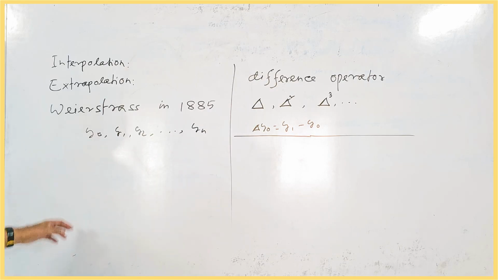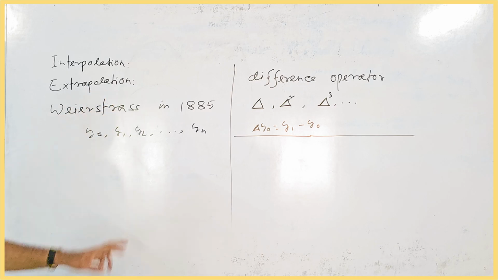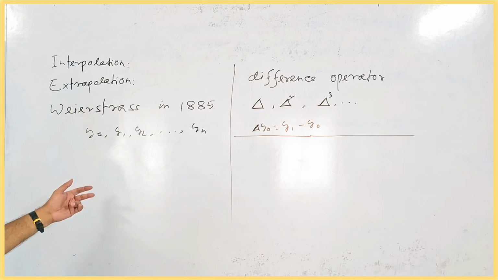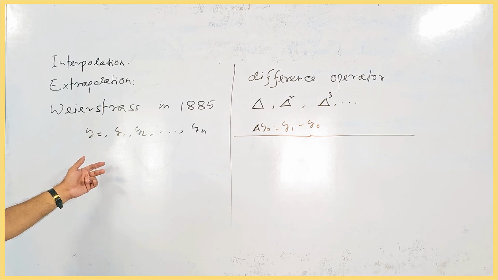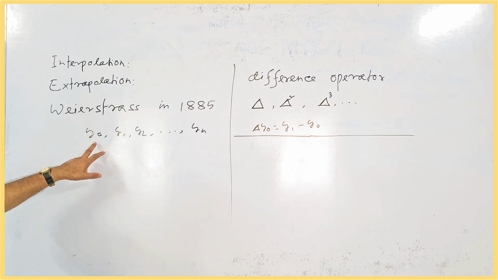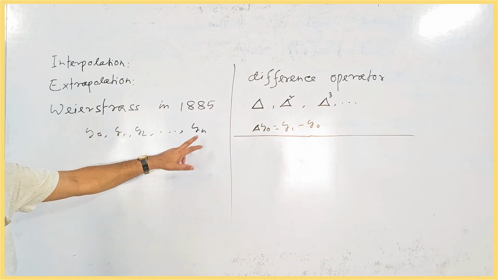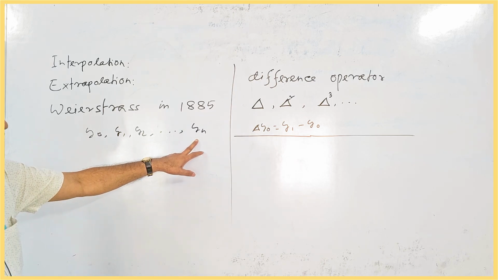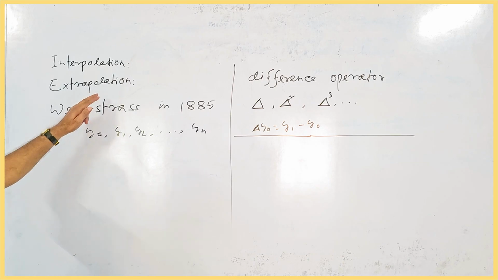Similarly, extrapolation is defined as a process of computing the value of a function from a given set of values, where the value lies outside the range of the tabular values of that function. Means that, say, we have these values y0, y1, y2 up to yn. Then we can calculate the value yn plus 1 by using extrapolation.